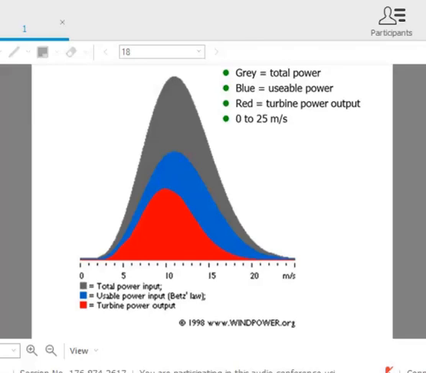One example I have. So like that, you have to calculate the power.